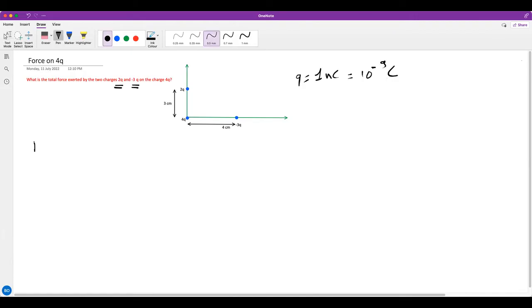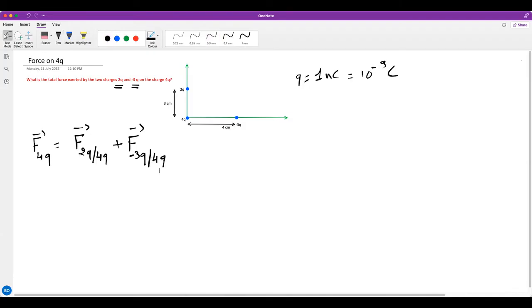The force exerted on 4q will be equal to the force exerted by the charge 2q on 4q plus, in vectorial form, the force exerted by charge minus 3q on charge 4q.